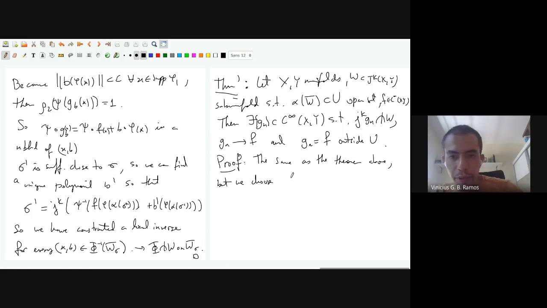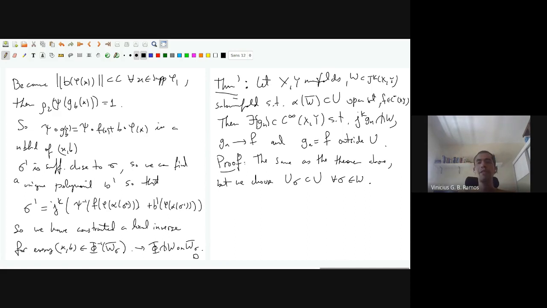We have to choose the support, or the domain of the charts, to be contained in U. So we have to choose U sigma inside of this U for every sigma in W above. Okay, which we can do. So it's very, very simple.